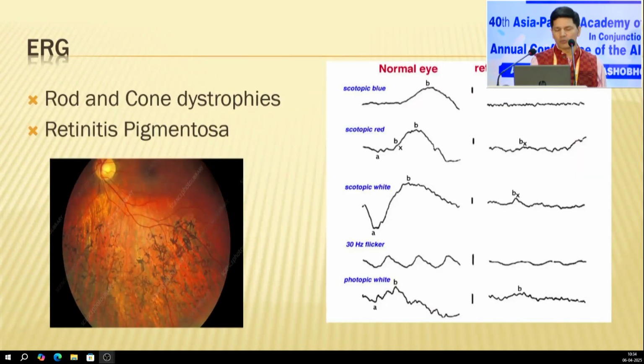ERG is not very commonly used, but very useful to detect the function of the retinal cells, and sometimes the anatomy is normal but functions are deteriorated. You can use this equipment, and particularly this is useful in rod and cone dystrophies and retinitis pigmentosa. And as you can see in the picture, in abnormal disease cases, the ERG is flat.